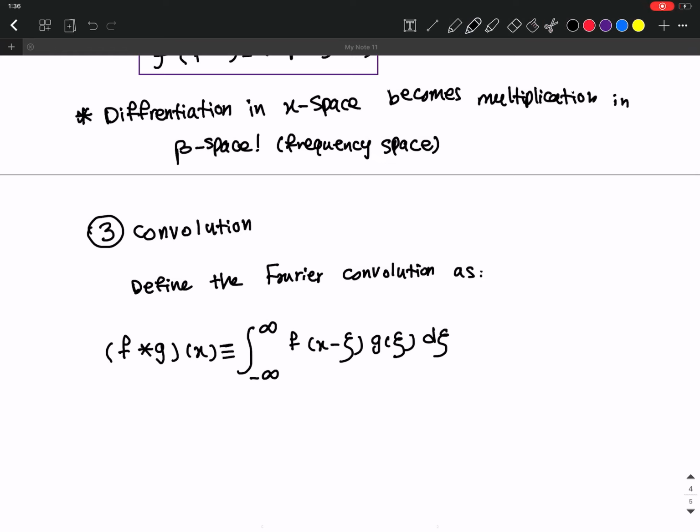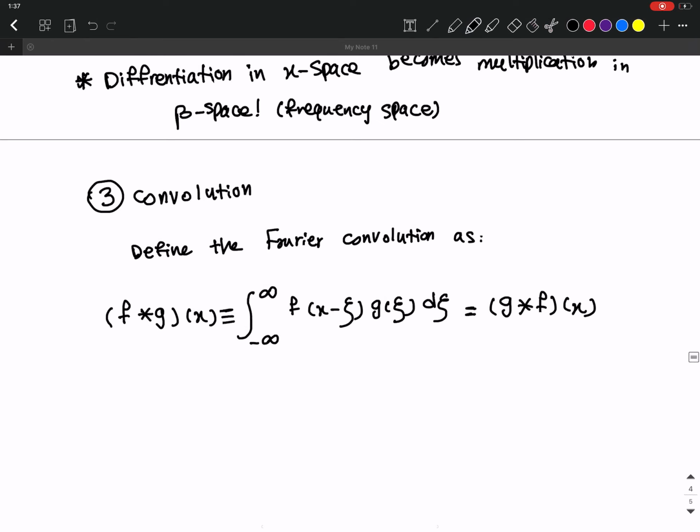Fourier convolution, and this also equals g star f, right? So you can just change the order of these two. And this is the definition of convolution.